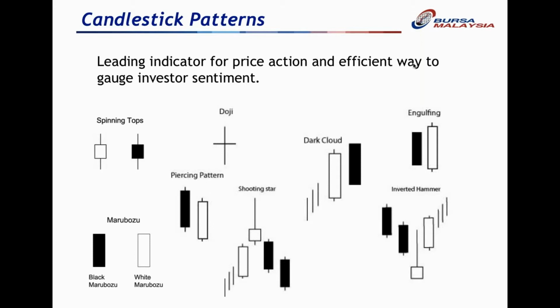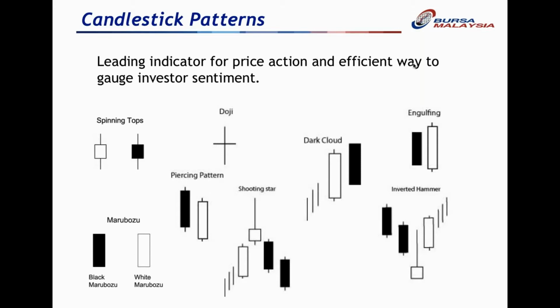Now, a chart pattern is also a leading indicator. By seeing a head and shoulders, you know that it's highly likely that the market will reverse in the future. And a candlestick pattern is also a leading indicator. So by leading indicator, what does it mean? It may not be as accurate as a lagging indicator, because a lagging indicator only forms after the price comes out.